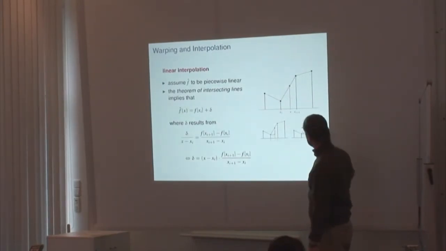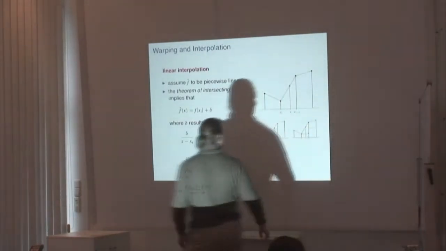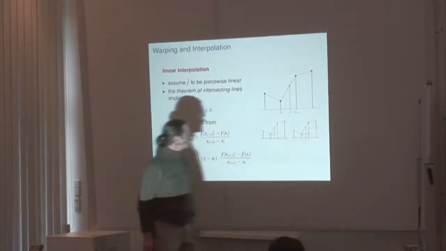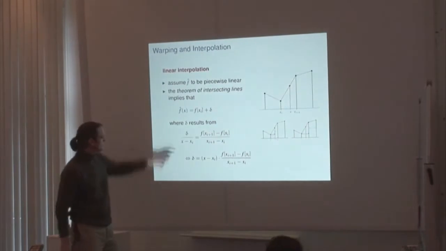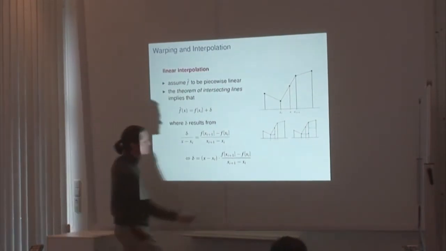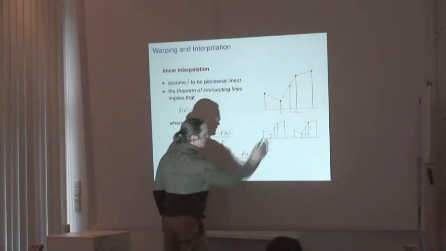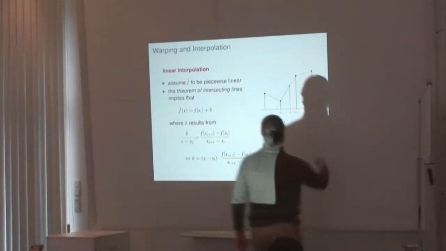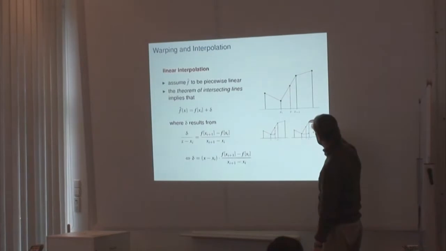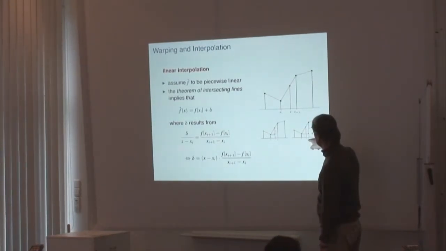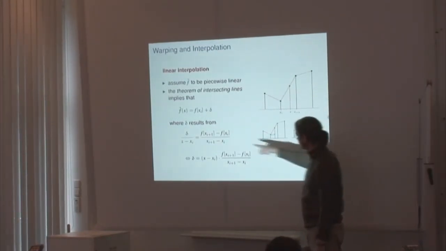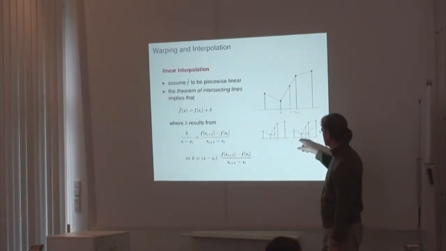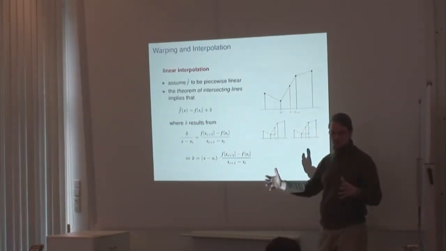So how do we use that? We basically call this tiny segment here delta. And we know that delta is to x minus xi what the value of the discrete function at xi plus 1 minus the value of the discrete function at xi is to the distance between those two sample points.